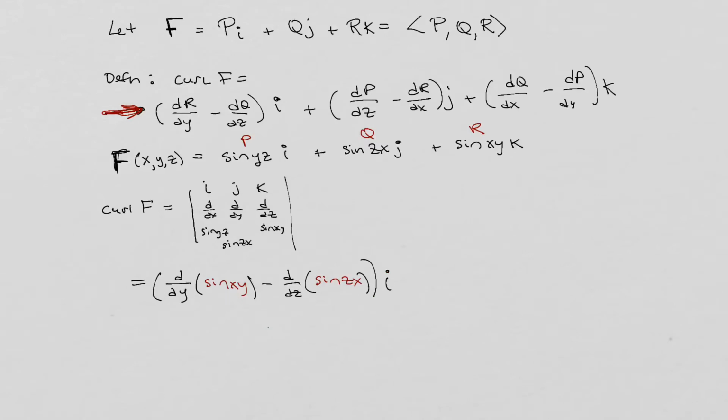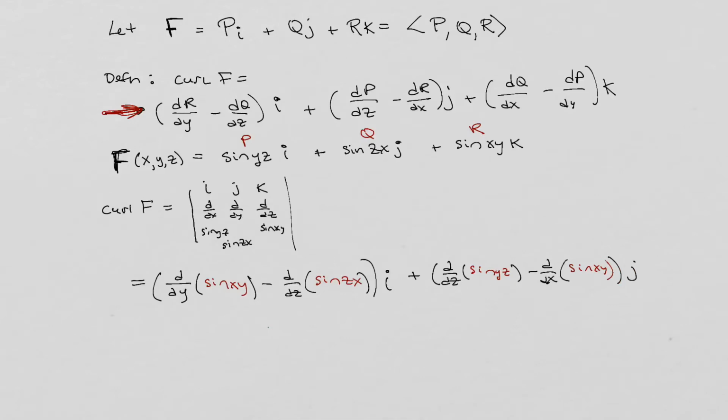Then that's plus the derivative with respect to z of my function p, which is sine of yz, minus the derivative with respect to x of r, which is sine of xy. All of that goes with the jth component.